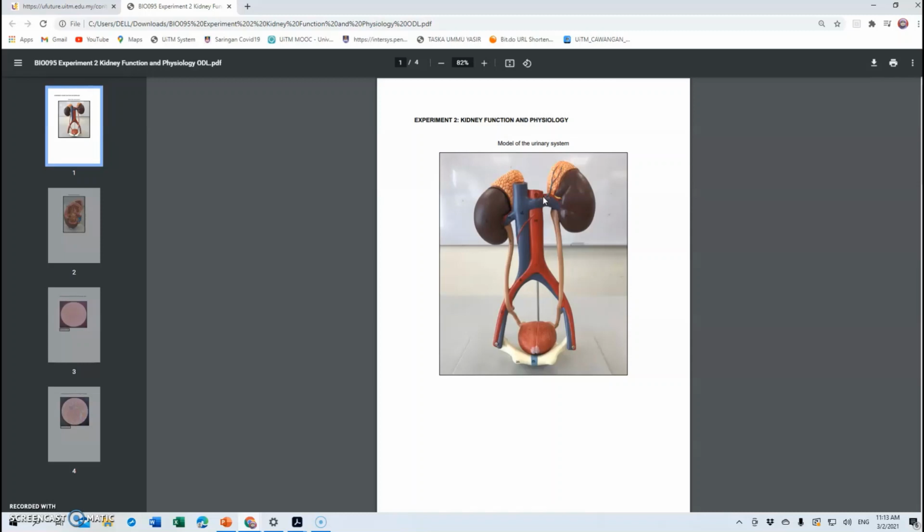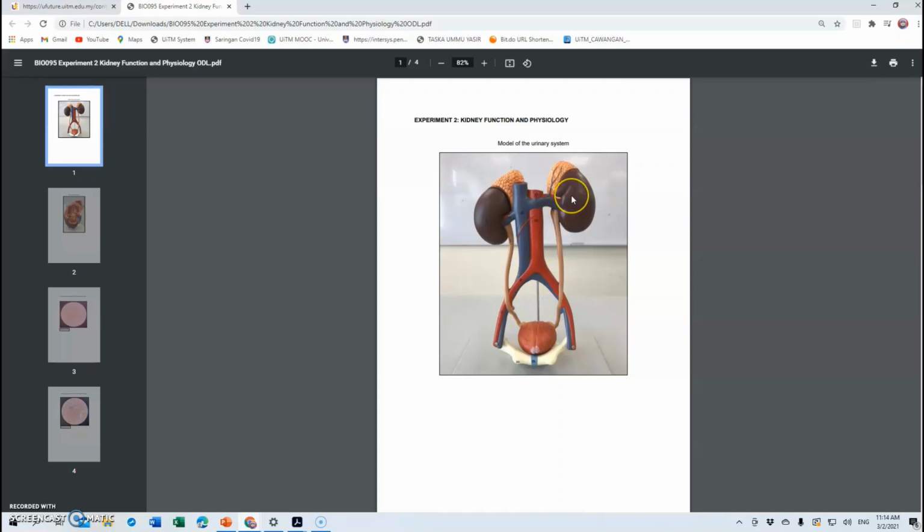Another thing to note is that whenever you draw any diagram, especially a model of anything, you have to draw it on a piece of plain A4 paper. Draw it large, using a pencil, on a piece of plain A4 paper, and then make sure you label all the organs and structures involved.